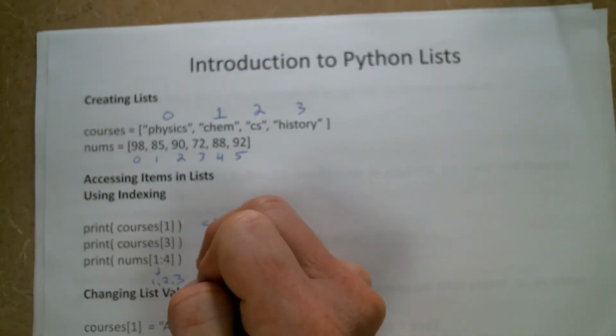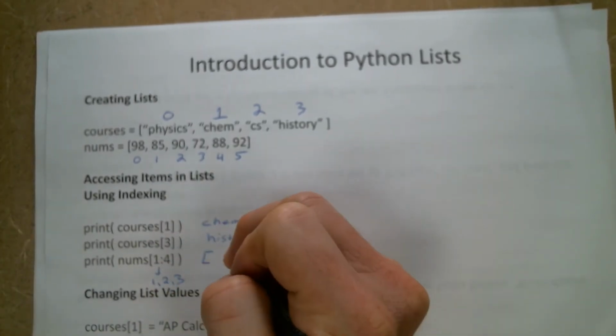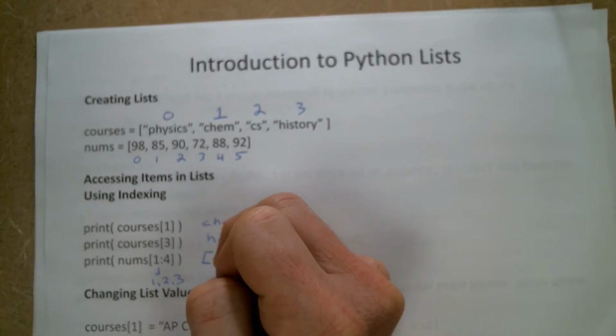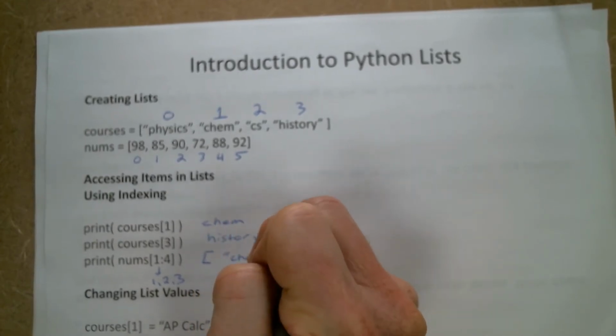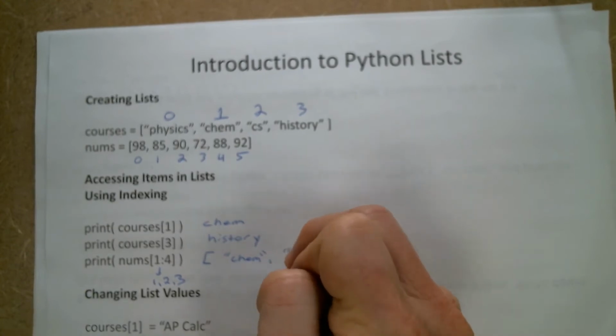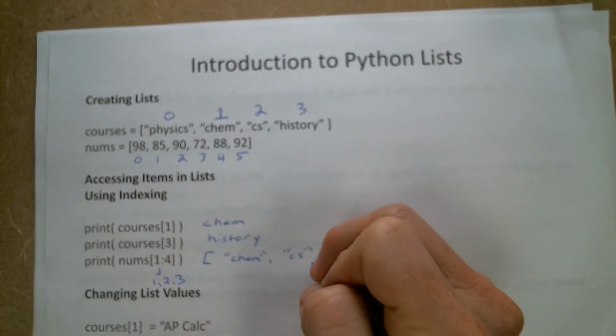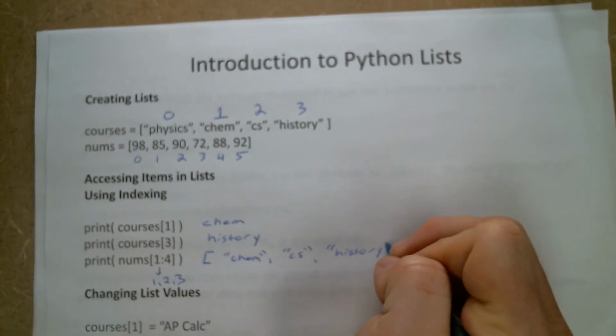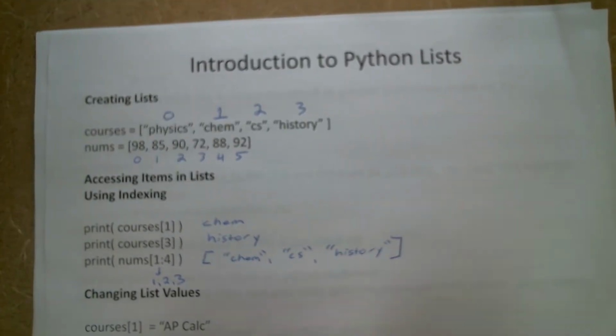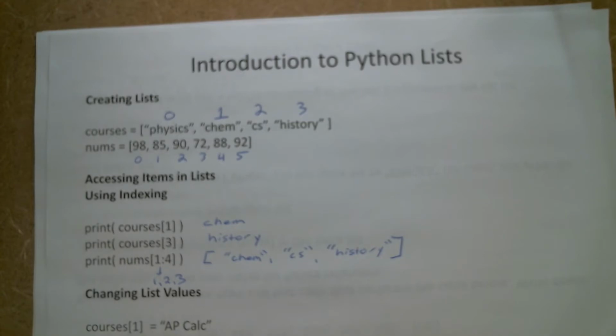So this would create sort of a sublist. I'm going to designate that with the brackets there, and that's how it would print out. That sublist would contain chem, CS, and history. So we don't have to just access a single element. We can access multiple elements and get to them that way.